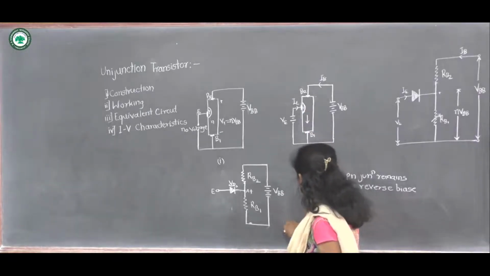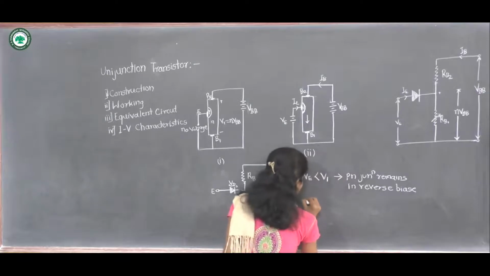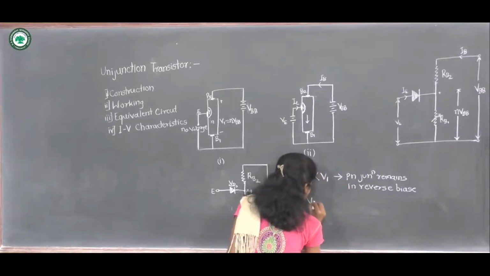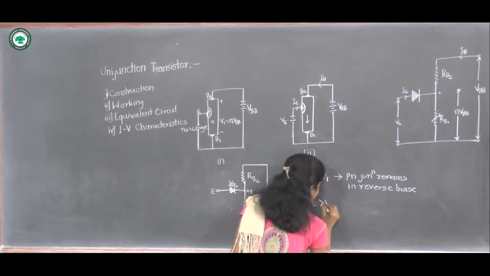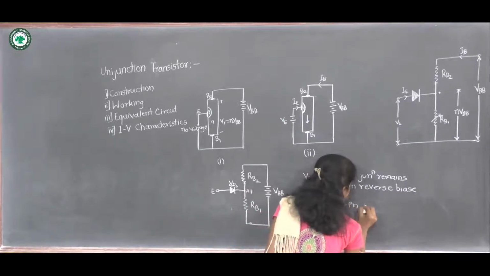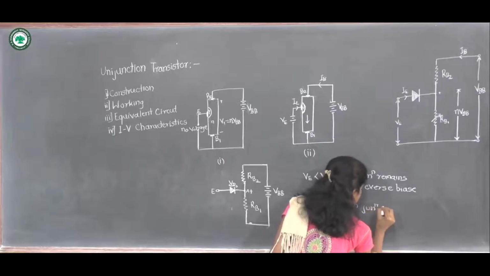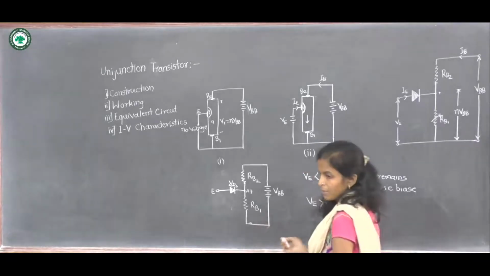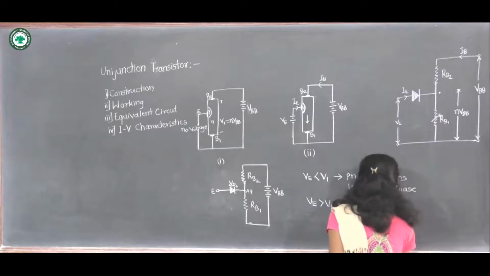So eventually, when VE becomes greater than V1, the PN junction becomes forward biased.